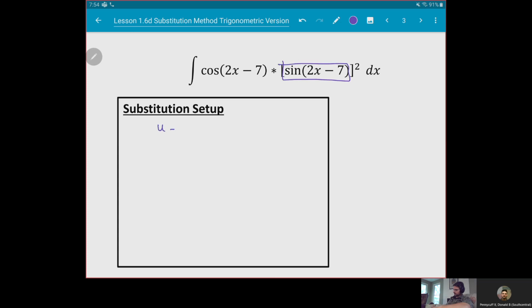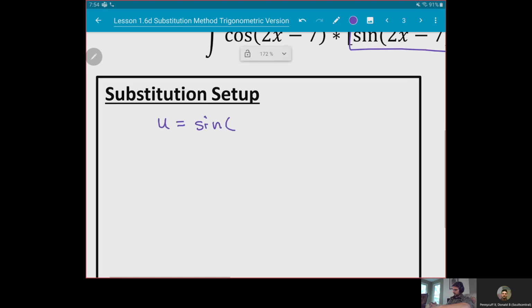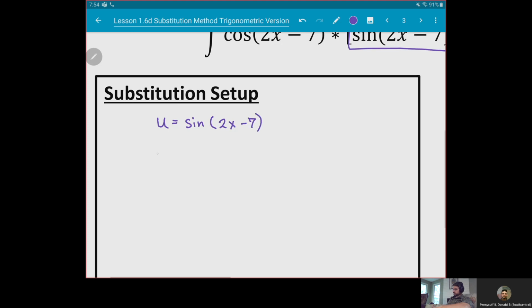So u is equal to sine of 2x minus 7. And then I'm going to take the derivative. Remember that the derivative of sine is cosine 2x minus 7. Remember that you have to multiply by the derivative of the inside.